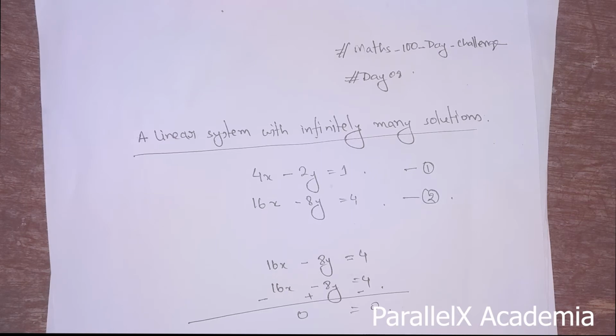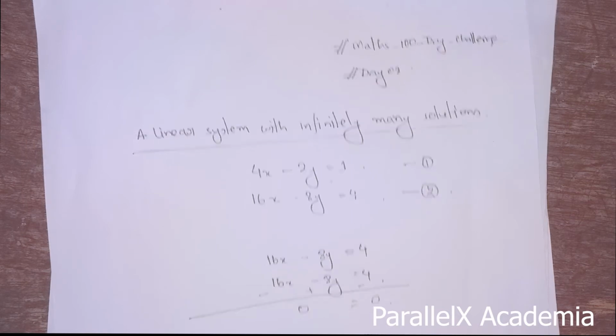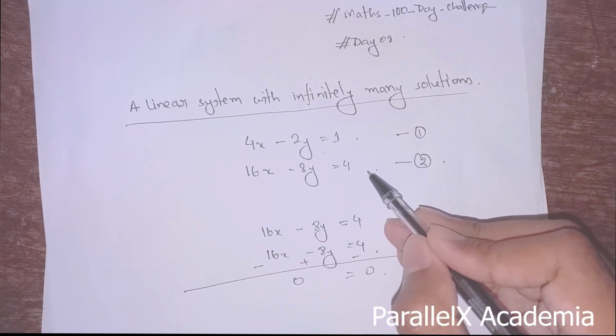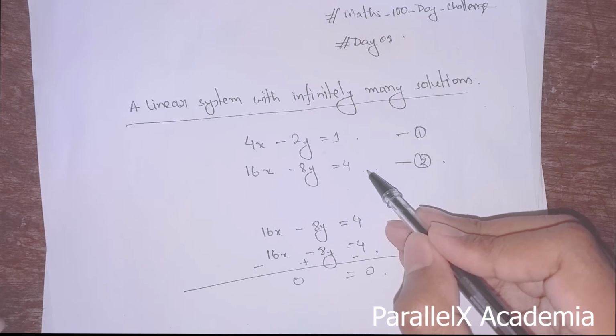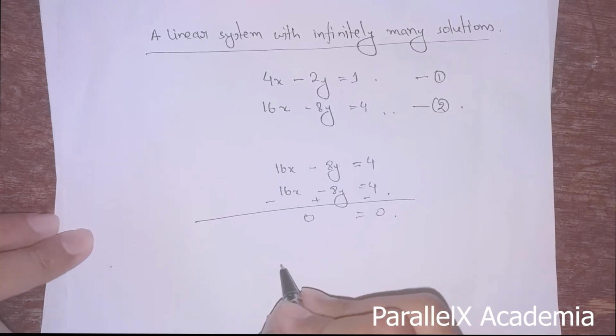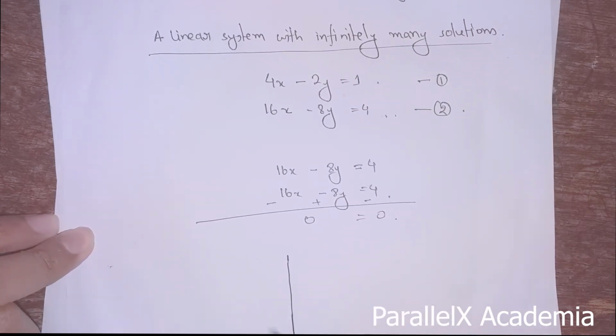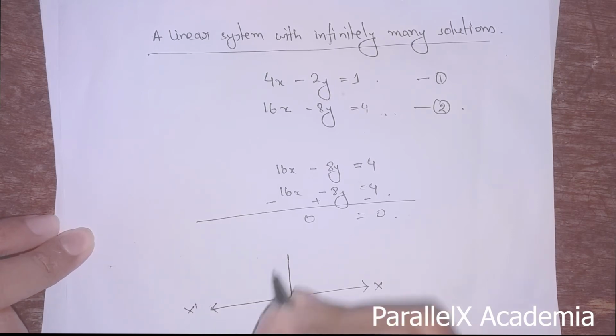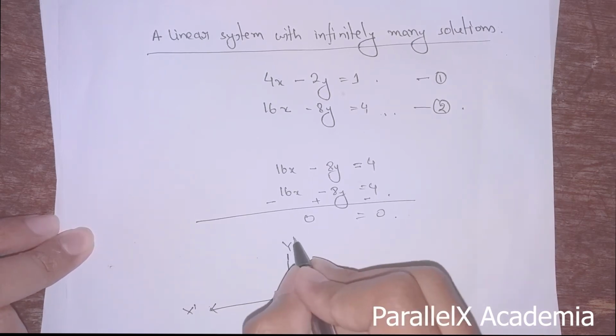That means these two equations, which each represent a line, are coincident. Do you know what coincident means? Suppose this is the x coordinate and this is the y coordinate.